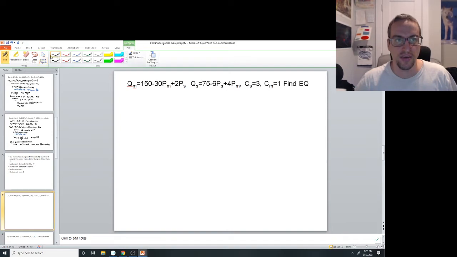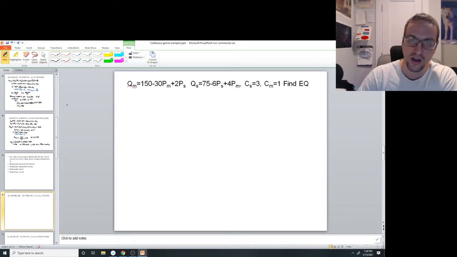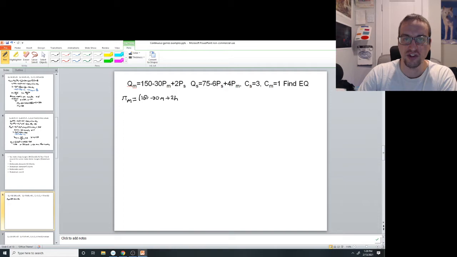Still got this setup here. We're still going to find that the profit for McDonald's is equal to 150 minus 30m plus 2 times s. I'm actually going to use h for Shake Shack because s's look like 5s, and I don't want to get confused. So h for Shake Shack.